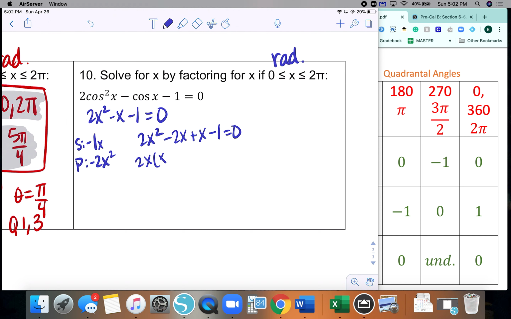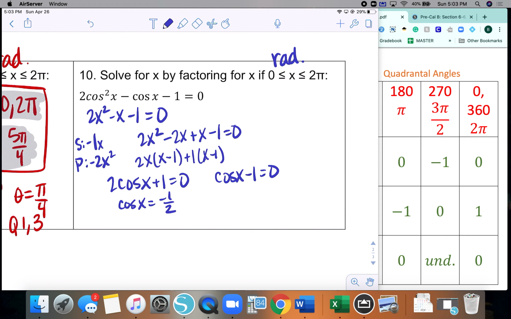So 2x, x minus 1, plus 1, x minus 1. So my factors are 2 cosine x plus 1 equals 0 and cosine x minus 1 equals 0. This would get me to negative 1 over 2, and this would get me to positive 1.